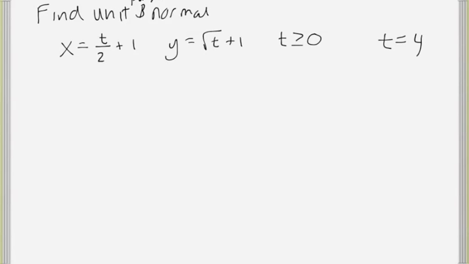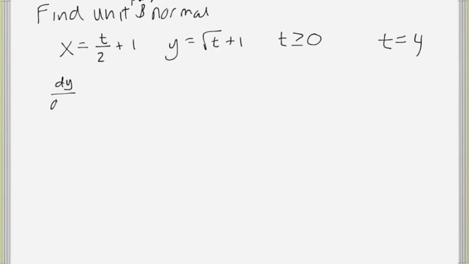All right, so to find a tangent line, what do we need? A slope and a point. Okay, so we're going to begin by finding our derivative. We learned parametric derivatives in the last section.